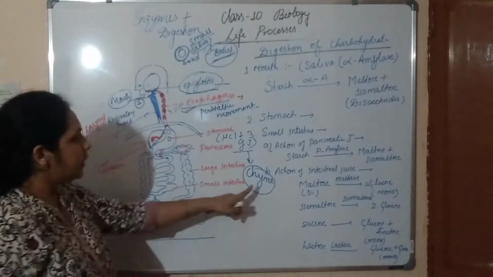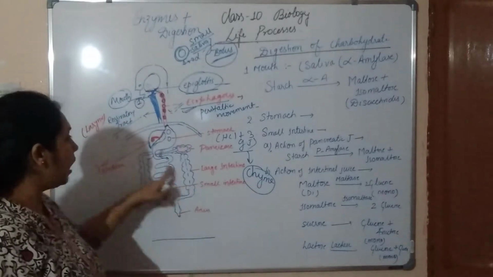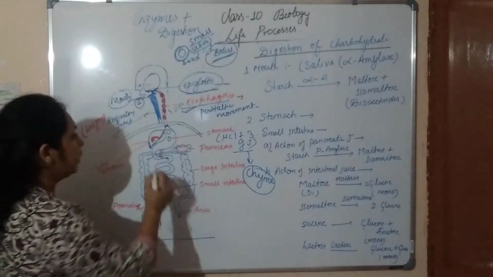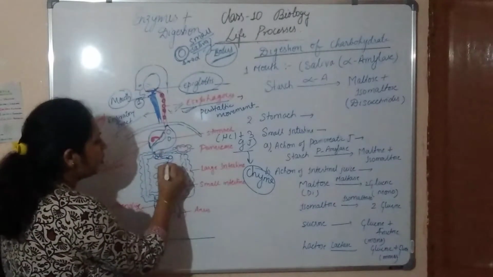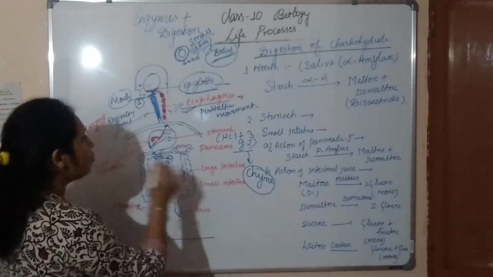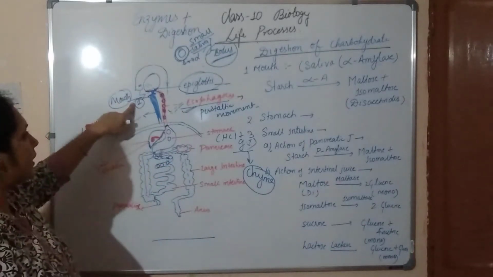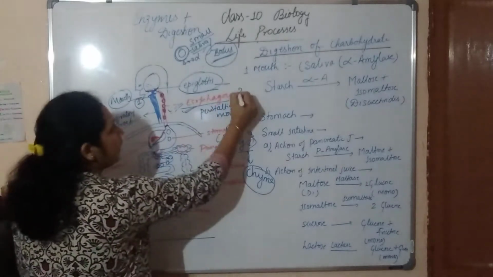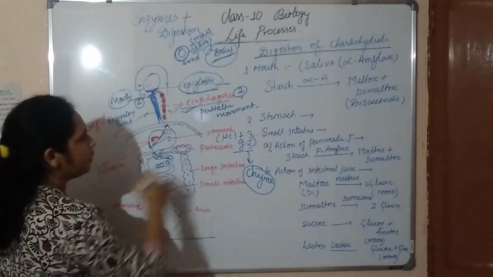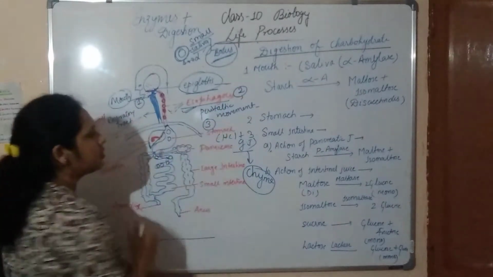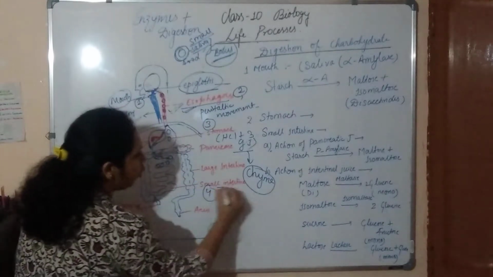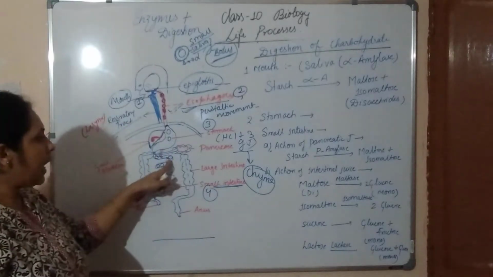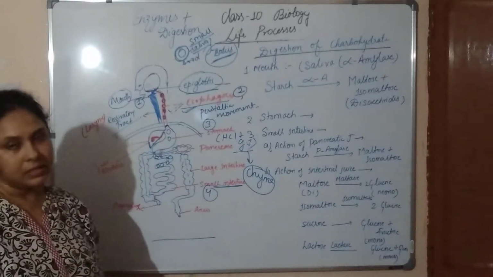Now this chyme moves towards the small intestine. So firstly the food is taken in from the mouth, secondly it goes to the esophagus, third it moves towards the stomach, and fourth it moves to the small intestine.